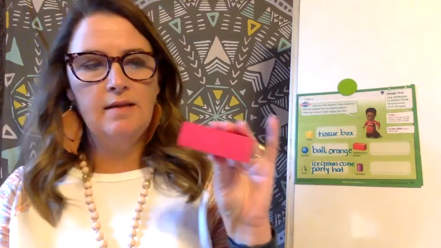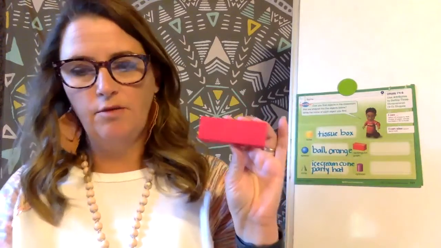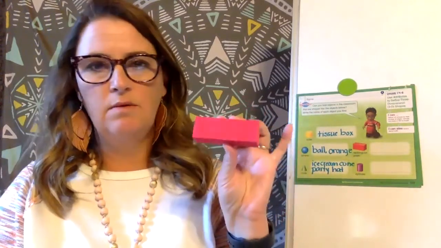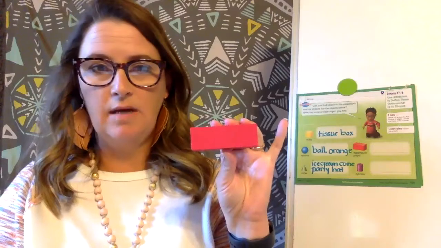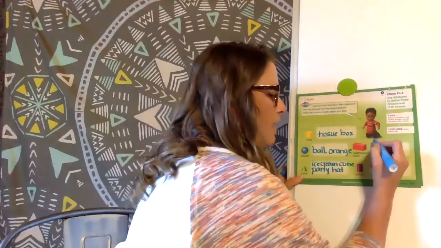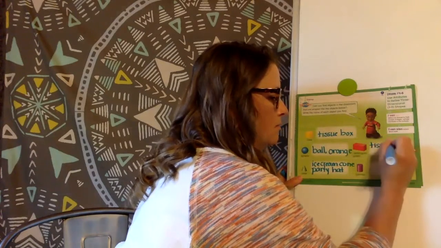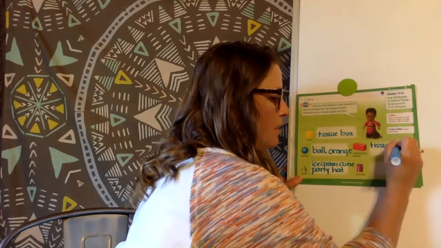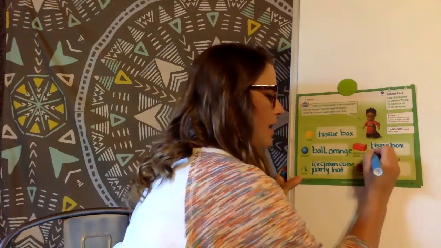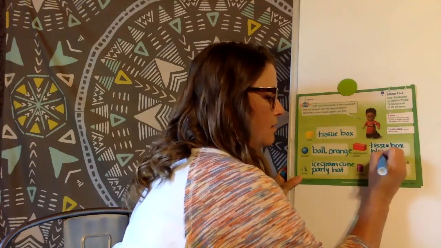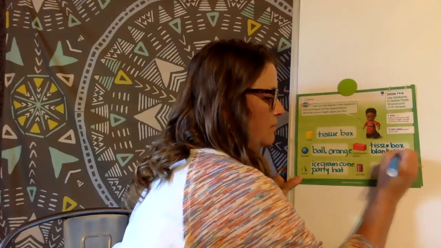Something else that I might have that would be shaped like a rectangular prism in my house would be a blanket chest. Okay, maybe your mom has a chest somewhere that you lift the top up and she puts her special things in it. I have one of those. Okay, so in my house, I have a tissue box that is shaped like a rectangular prism, and I have a blanket chest.